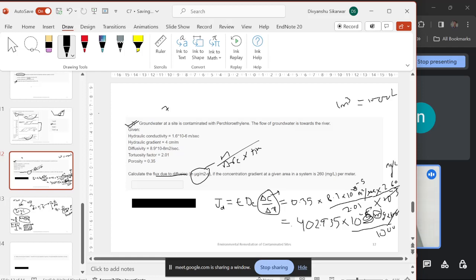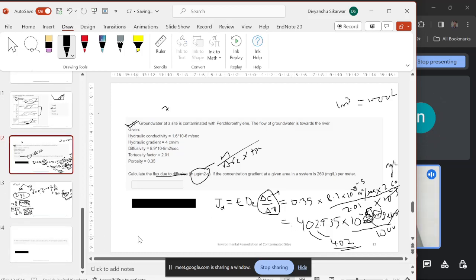So this value will become 10 to the power minus 2, and then we can shift the decimal, so it will be around 4.02. Okay.